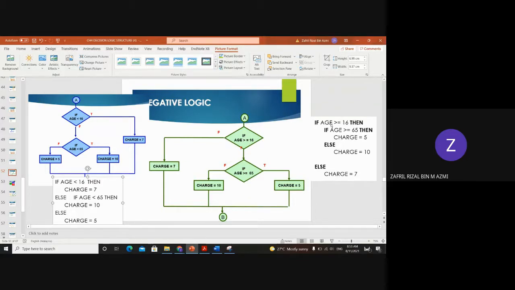Else is for the false statement. Charge 7. Over here is normal. Normally we do it inside of this. If this is true, charge 5. If this is false, charge 10.